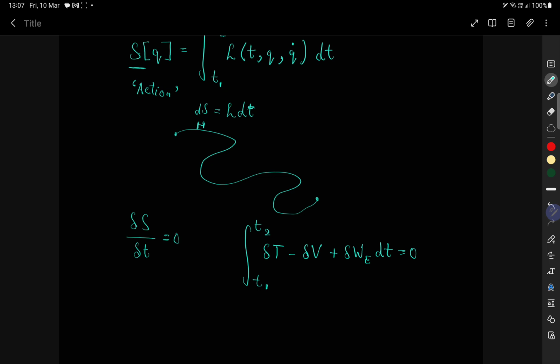That's the entirety of Hamilton's principle, or in general, the principle of stationary or least action.